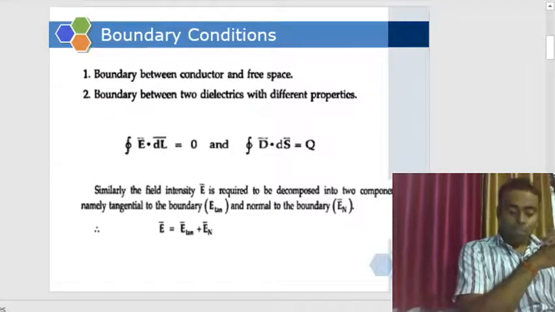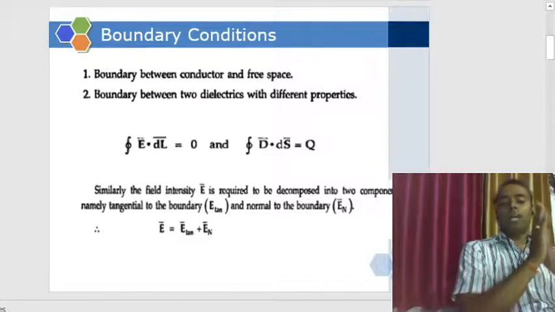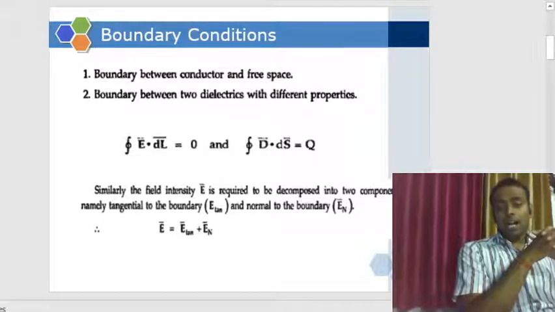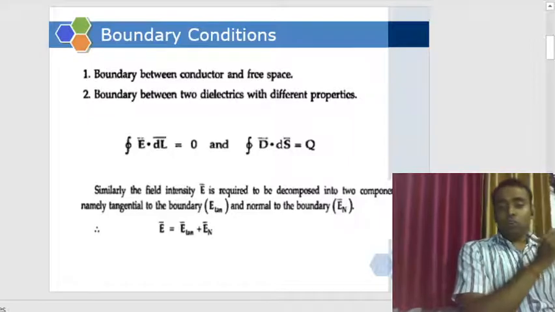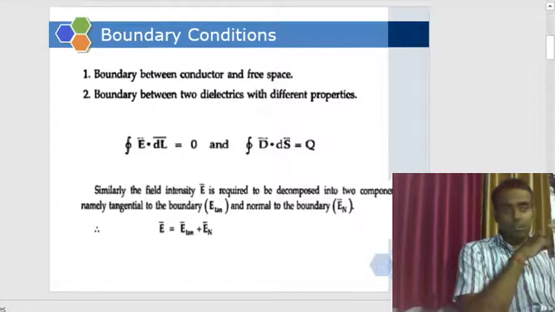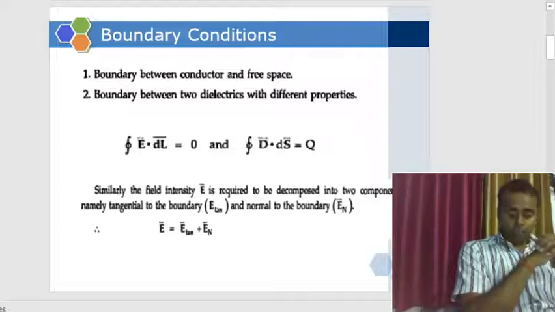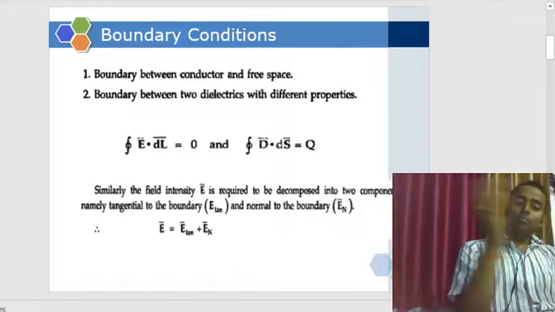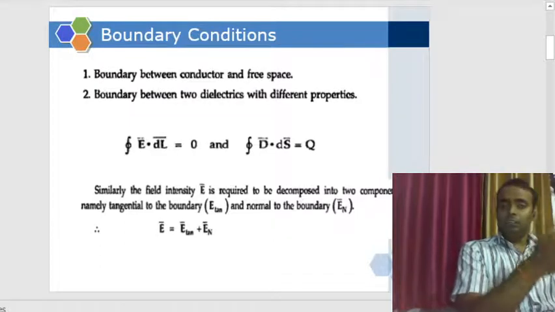Suppose we have two different materials. We know the electric field intensity and electric flux density behave differently for different types of material. In fact, for a conductor it behaves differently, and for a dielectric it behaves differently.